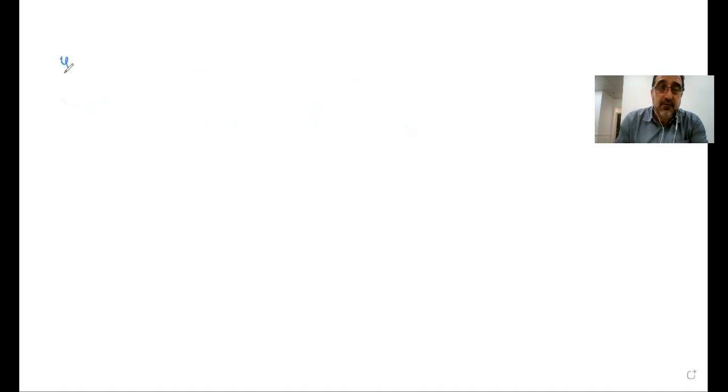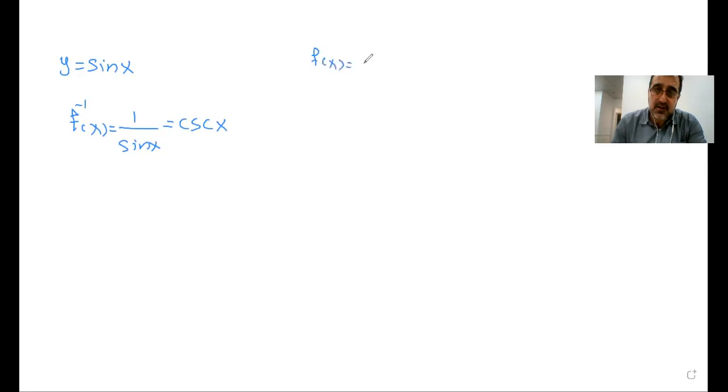Here we have y equals sine x. The reciprocal, f inverse of x, is 1 over sine x, which is cosecant x. Another function, f(x) is cos x, and f inverse of x is 1 over cos x, which is secant x.